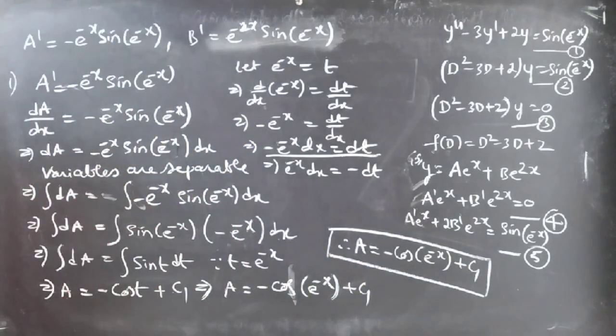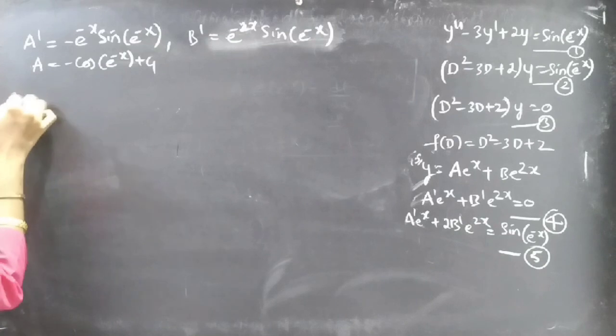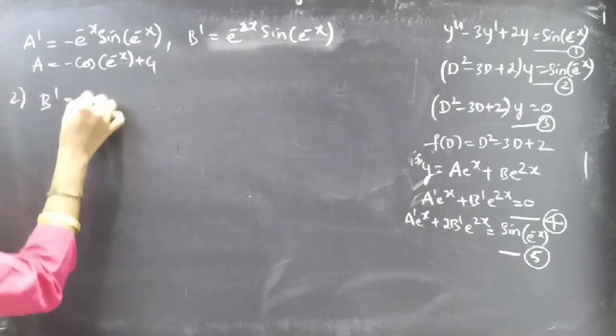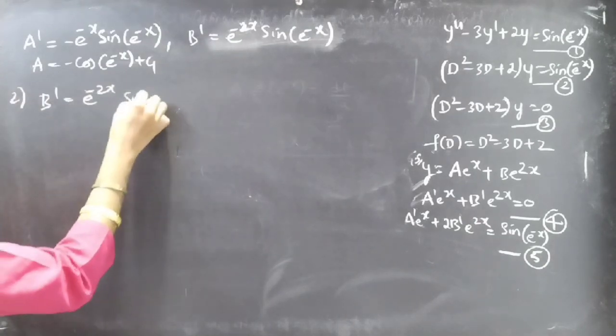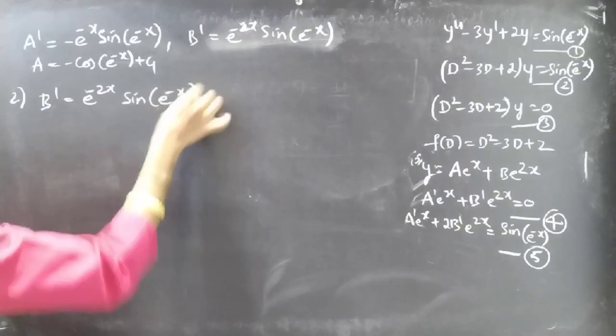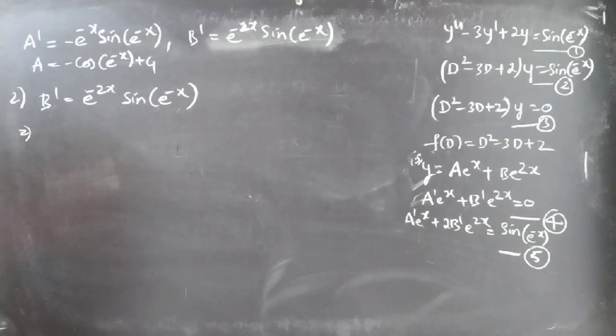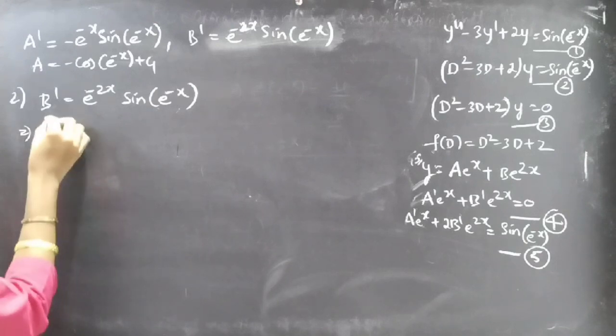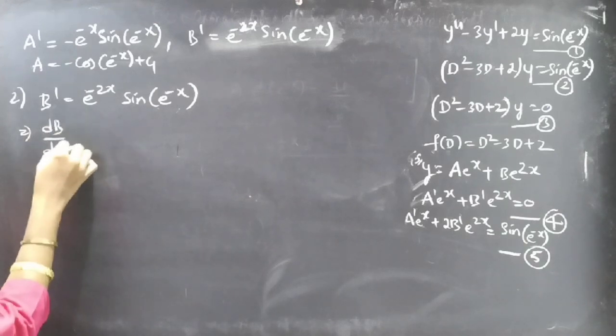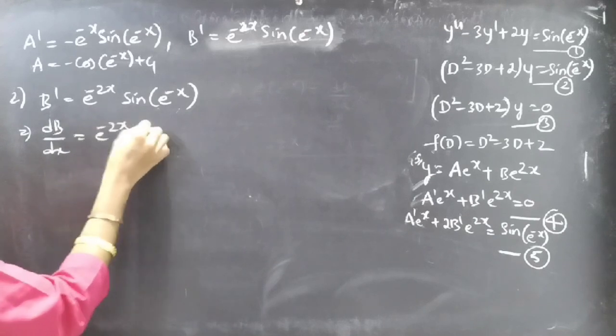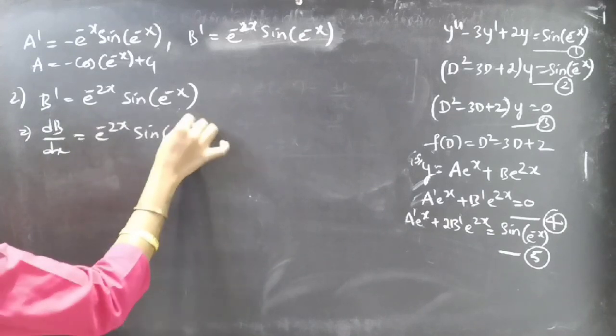We got A. Let's now find B using B dash. We have B dash equal to e power minus 2x into sine of e power minus x, right? We can write B dash as dB by dx, that is the derivative of b with respect to x, equal to e power minus 2x into sine of e power minus x.